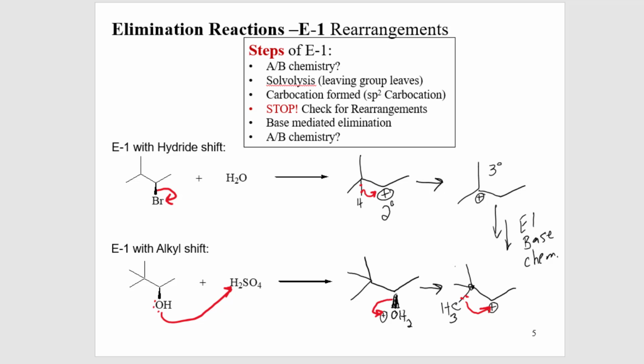This gives us a tertiary carbocation. And then it can go on and do E1 chemistry, right? I'm not going to show you the products of these yet. We can come back to these.